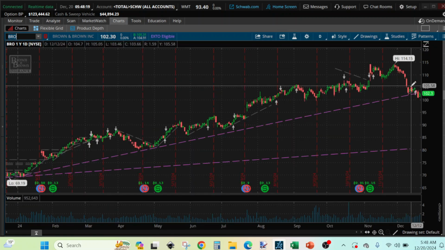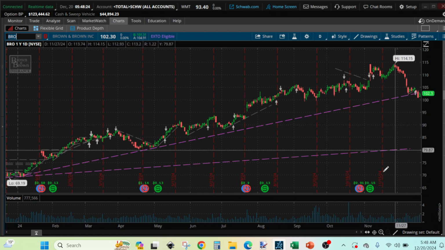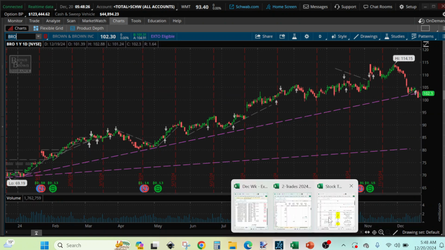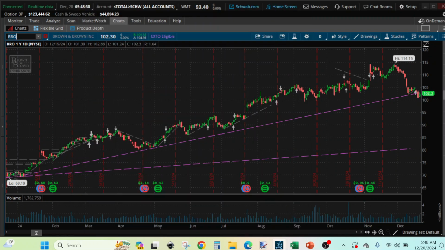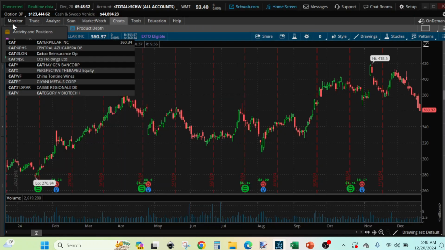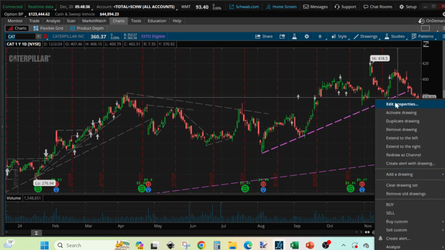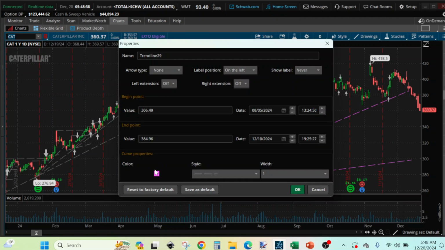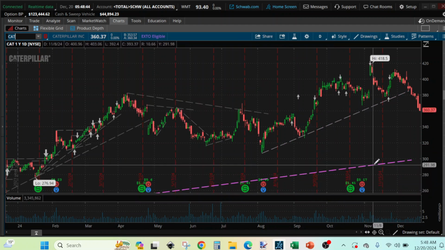BRO, we bought it on this line and it went a little bit below it currently. So CATS, at this point we'll take that line to gray so that we do not really pay attention to that, but we pay attention to this line. That is the line that we like to buy on.